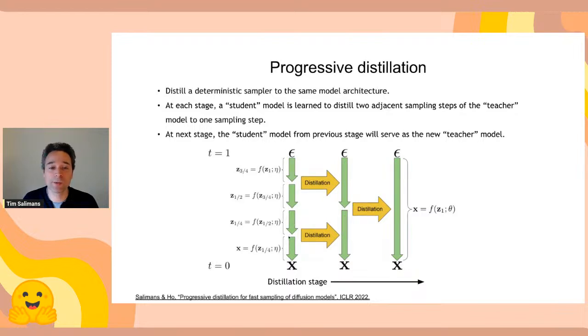The second 2 steps get distilled into something that also takes 1 step. And now at the next stage, we take this new student model and turn it into the teacher model, and we repeat this process, where we now go from 2 steps into 1 step. So you can imagine if you start out this way with many steps, you can iteratively halve the number of steps required. This works quite well in practice and is very computationally efficient.